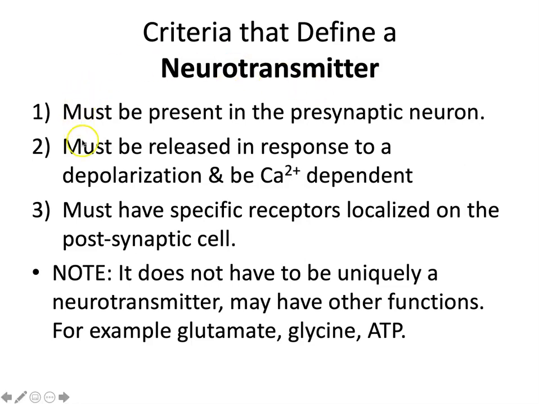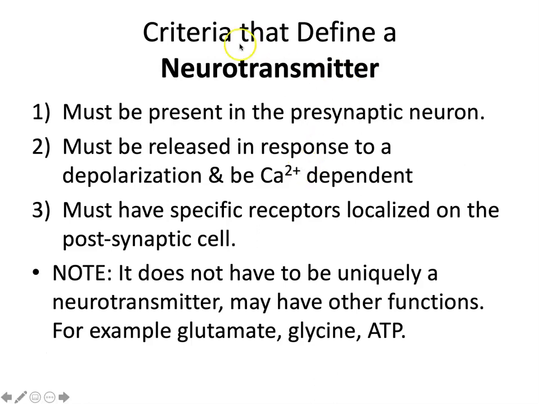In order for it to be classified as a neurotransmitter, you would also want to know that when there is a depolarization and calcium is coming into the cell, the neurotransmitter that you're studying is actually released. So in order to be a neurotransmitter, it has to be a calcium-dependent release.